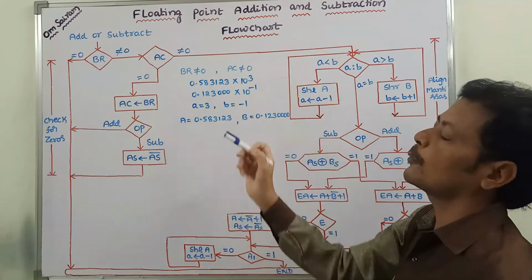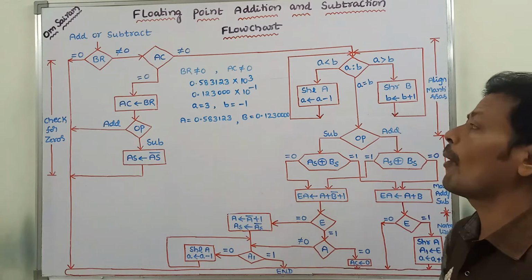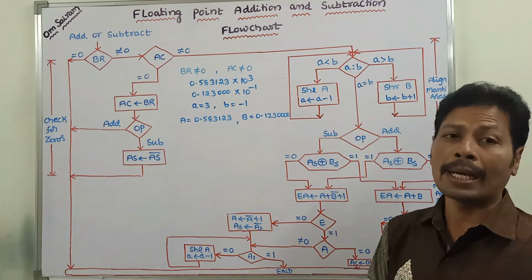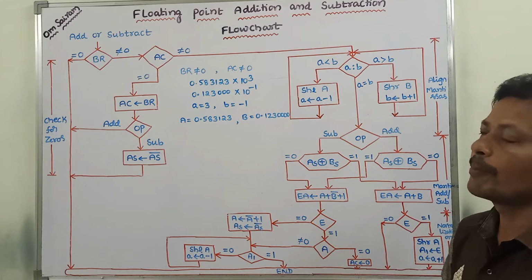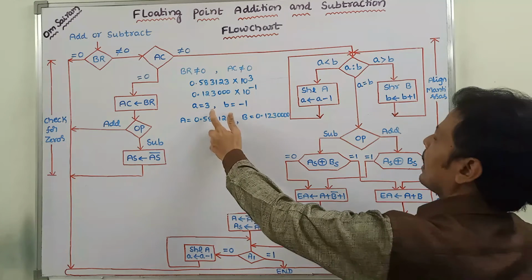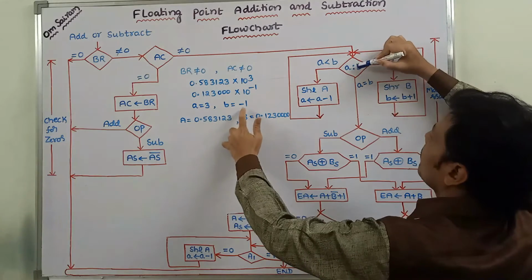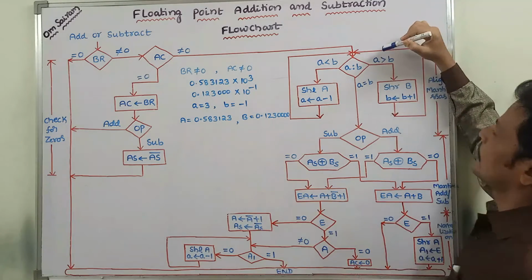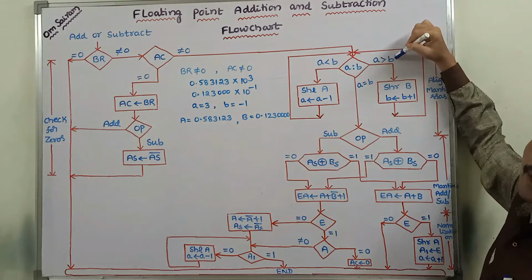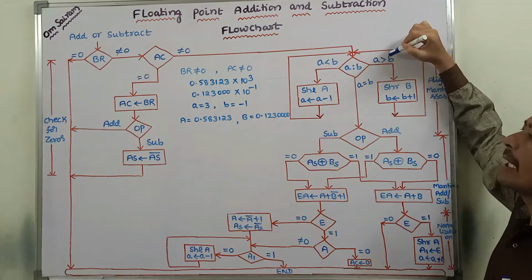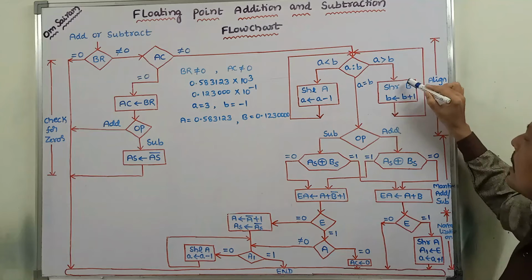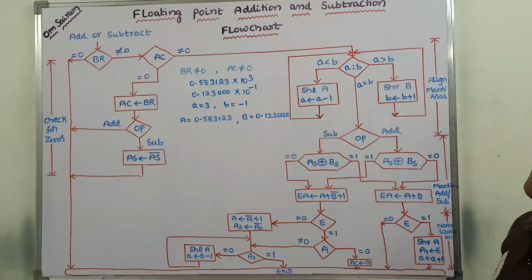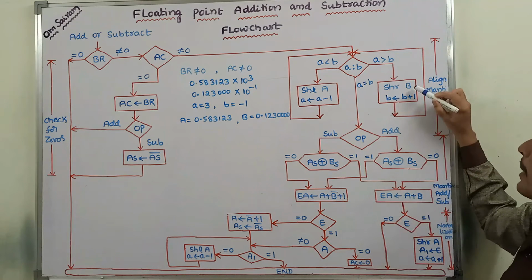Then we have to perform the addition operation between the mantissas after aligning them. Now the a value is 3 and the b value is minus 1. So a greater than b, that is 3 greater than minus 1. The condition is true. If this condition is true, we have to perform these two steps.